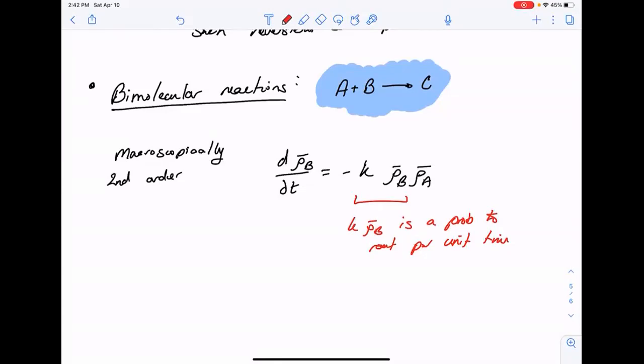So a lot of the structure we've had previously carries over. But now we have to worry about not just the reactive event itself, given A and B are close enough to each other for that to happen, but now we need to understand how that is mitigated or modulated by the fact that those two species have to diffuse in solution.